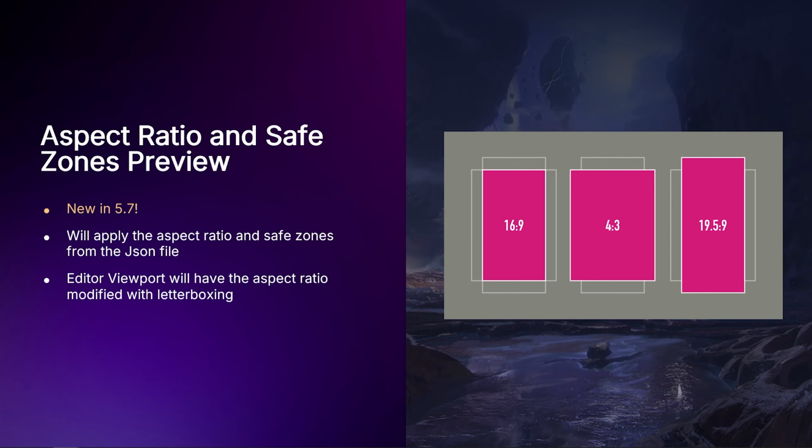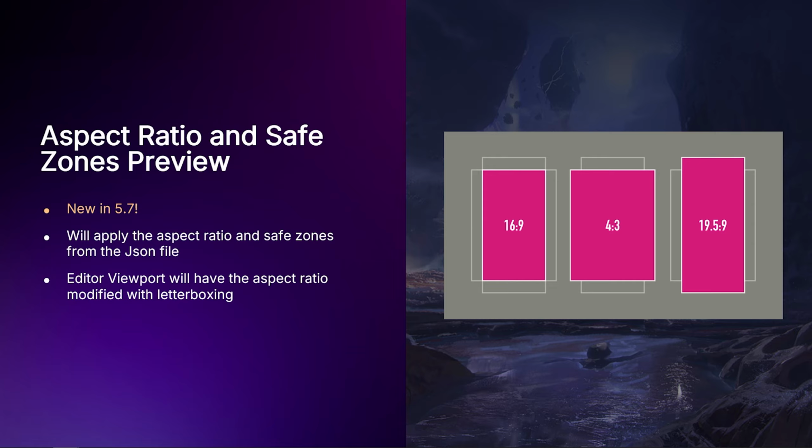As I mentioned previously, aspect ratio and safe zone preview is now available. This is new to 5.7. This uses the preview JSON feature, so you need to generate the JSON file beforehand, so we have the information about the aspect ratio and safe zone preview.